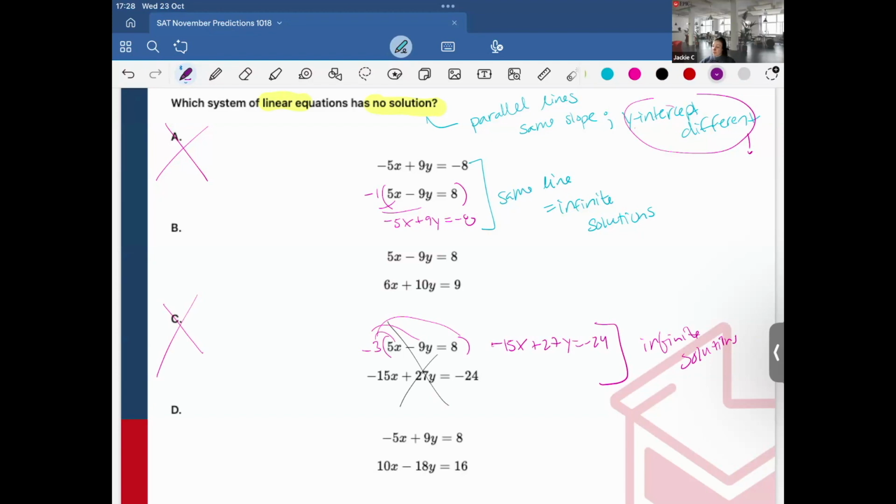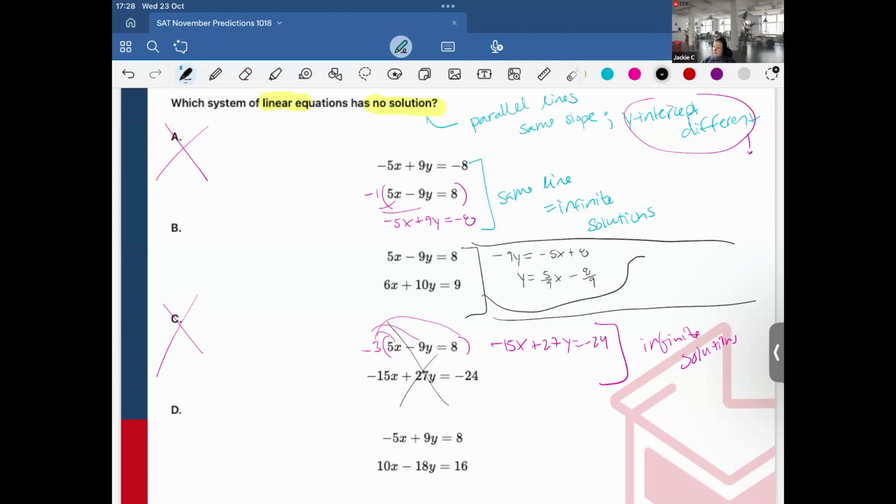Okay, so for B, I would prefer to just put them in terms of y equals mx plus b so we can see clearly the slope. So for example, this would be -9y equals -5x plus 8. When we simplify, it becomes y equals positive 5/9x minus 8/9.